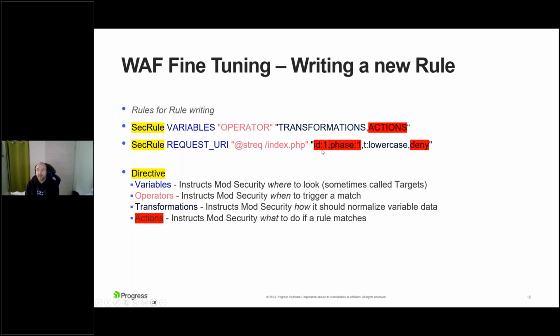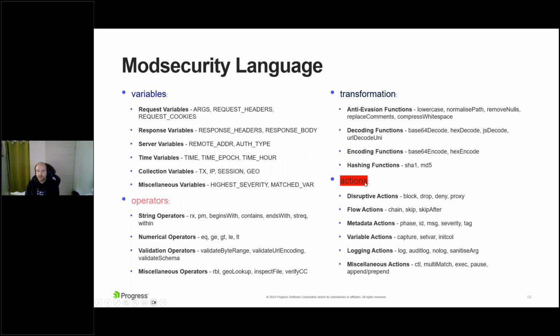So for example, the ID number, what phase this should run in, should it block, should it deny, should it log, should it allow the traffic, and so on. So this is what the action is about. So this is the general form of those rules within ModSecurity.